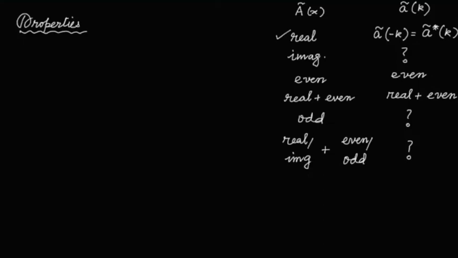The first one is, I say that it's a real function, right? So I start with the Fourier transform relation, or let's start with the inverse Fourier transform relation. So I know that a tilde k is 1 by root 2 pi integral a(x) e to the ikx dx. I'm just writing a(x) because it's a real function.